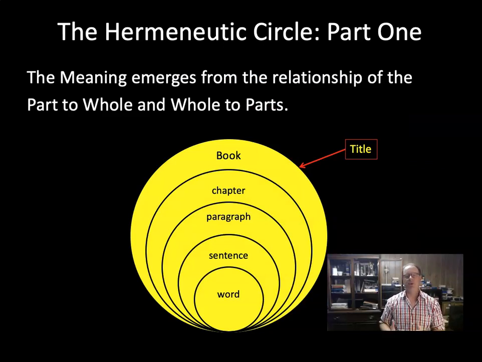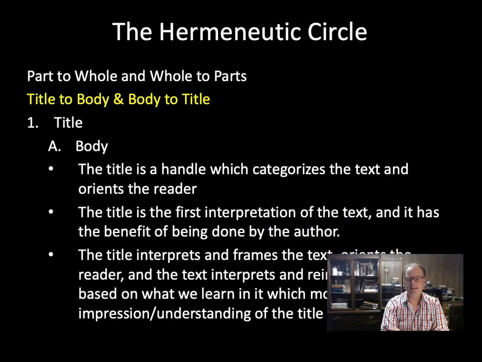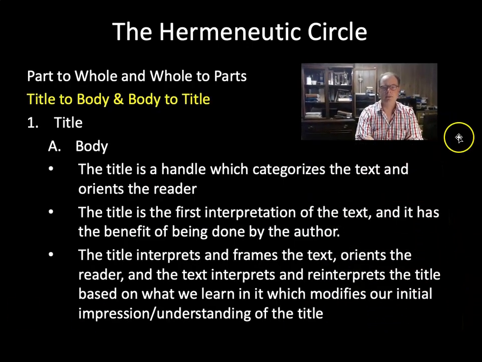So one of the important relations, here we're looking at the hermeneutic circle connected with a book, right? The book includes the chapters, which include all the paragraphs, the sentences, words, from big to small. And then, of course, there's a title affixed to the book. The title is really crucial, actually.